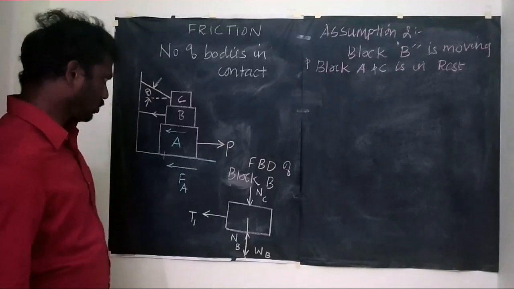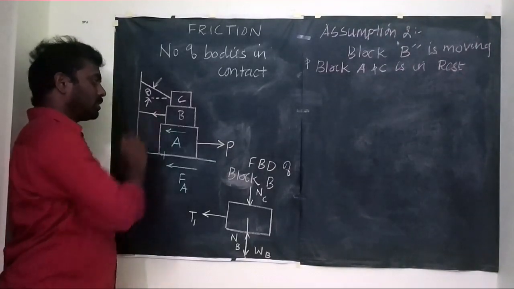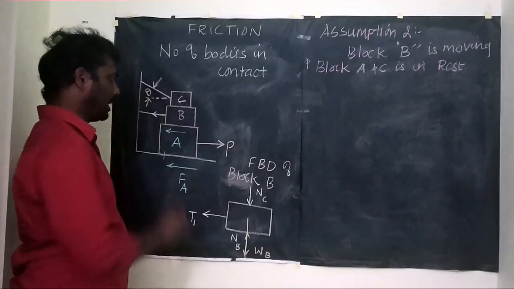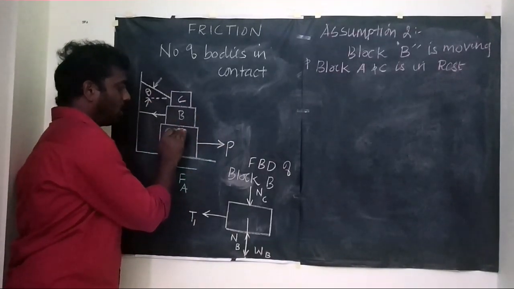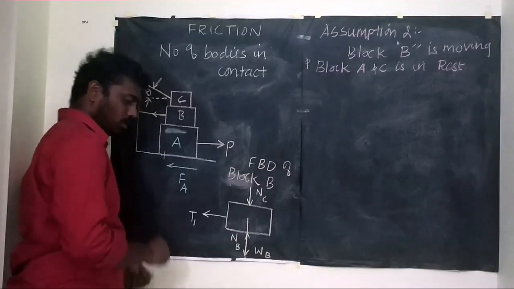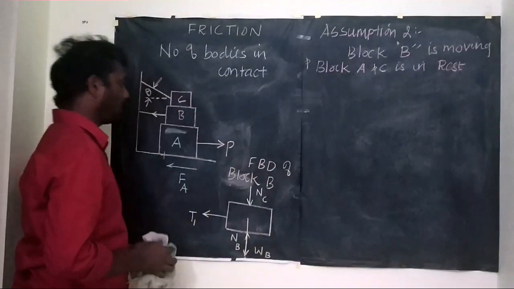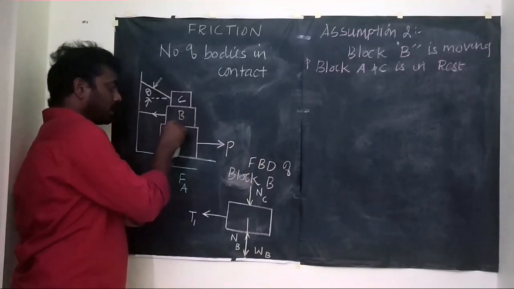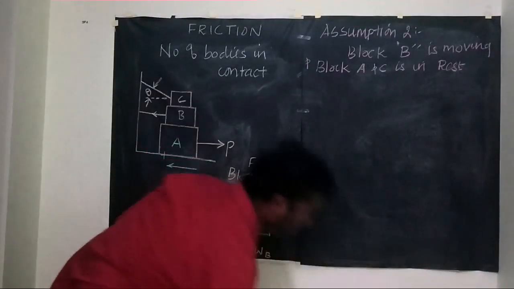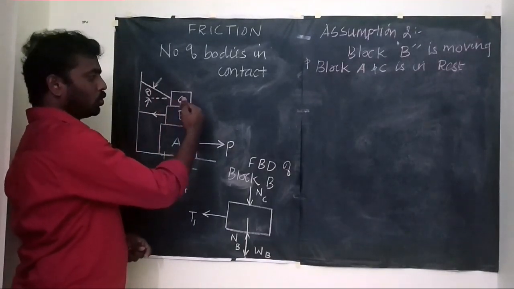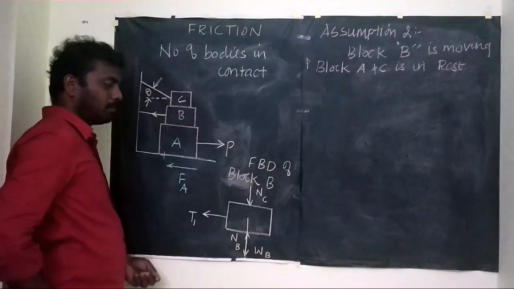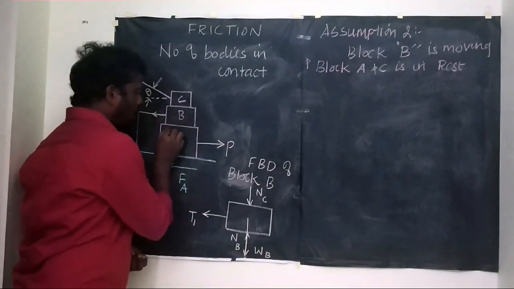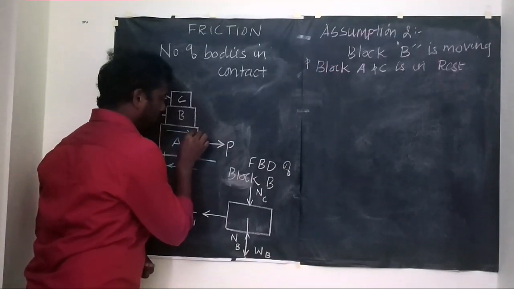Then anything else? Due to application of this tension force, this block moves towards the left. At that time the friction acts opposite to the body movement. Listen carefully. Due to application of this tension force, block B tries to move towards the left. Then the limiting friction force F acts opposite to the body movement.